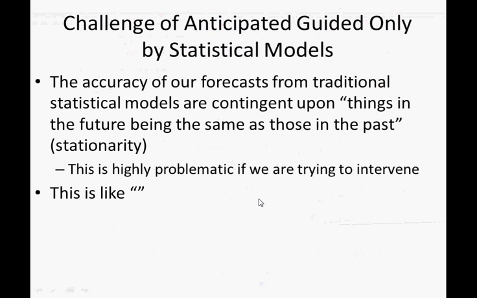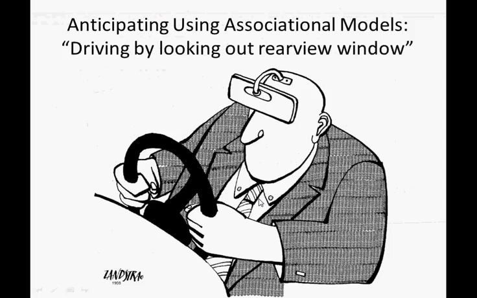So the risk here is if we're purely dealing with statistical models, we're operating on assumptions based on observed associations. And in a way, it's kind of like trying to drive looking out the rearview mirror. If we're trying to anticipate what's coming up and navigate what's coming up, undertake interventions going forward, we're operating off of data from the past about associations which may change going forward. And so we're just hoping that the road forward is like that which is behind us.